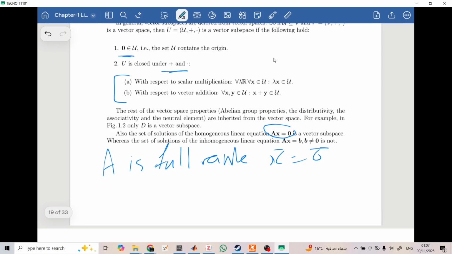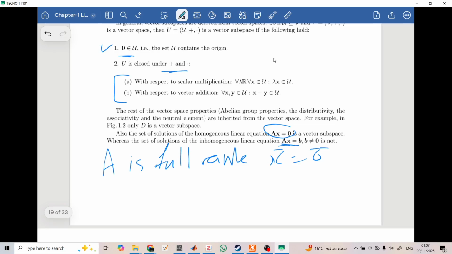If A is not full rank, it's rank deficient, so x is a set other than the all zero vector. It contains the all zero vector, so it satisfies this condition, and it has many other vectors as well, so it is a subspace. As for the solution of the inhomogeneous equation, unless b equals 0, it's not a subspace.